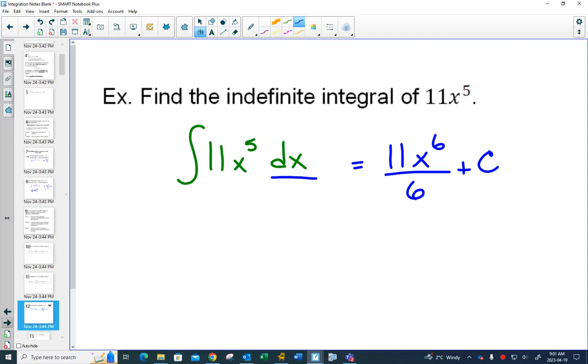If you were working backwards with this one using our old techniques, you'd probably be like, okay, I would have an x to the 6th, and then 6 times what is 11? And you'd be like, that's not in my times table. And you'd be stuck.